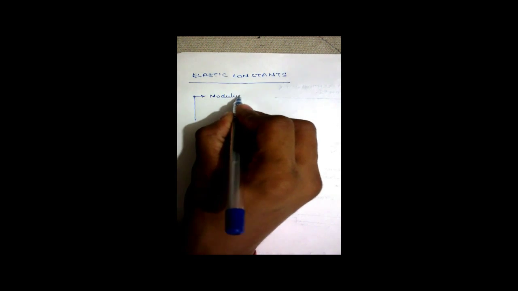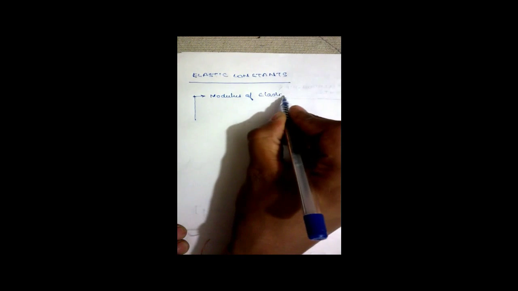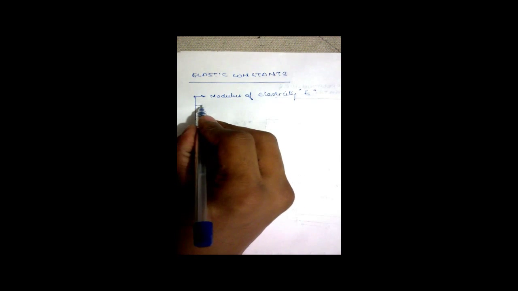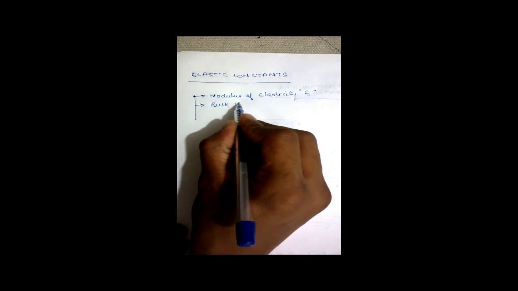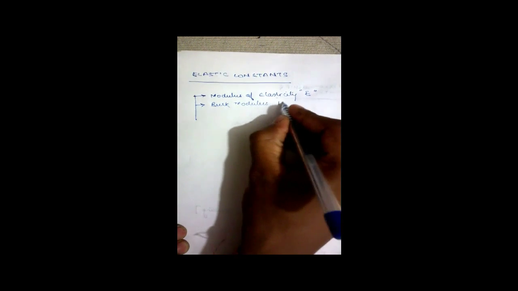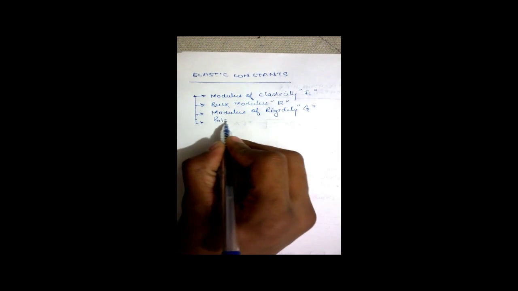Based upon the stress and strain characteristics, there are four elastic constants, namely the modulus of elasticity, that is represented by E, the bulk modulus represented by K, the modulus of rigidity represented by G, and the final one is the Poisson's ratio.